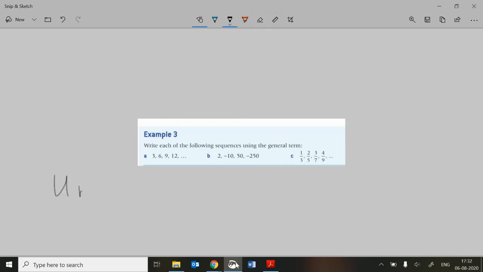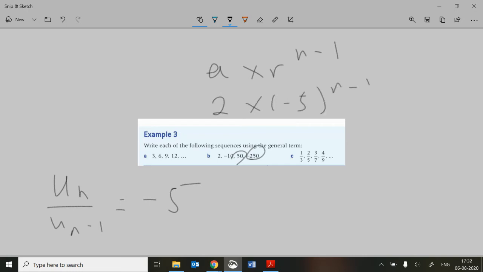If I did un divided by un minus 1, so any term divided by the previous term always gives us -5. So when we put in this, there we go, we've got 2 times -5 to the n minus 1. Apologies about being a little slow on that one. Okay, I was kind of just building it up.